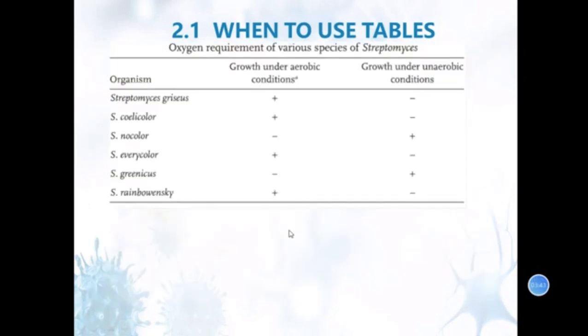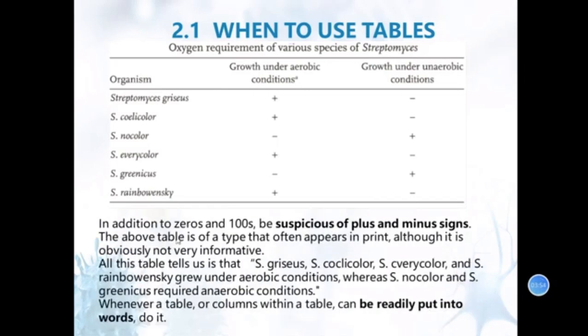How about this? The oxygen requirement of various species of Streptomyces. Let's see. In addition to 0 and 100, there are plus and minus signs. There are a lot of plus and minus signs. The above table is of a type that often appears in print, although it is obviously not very informative.